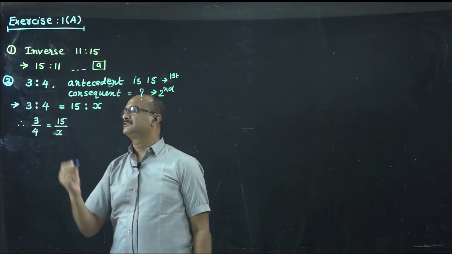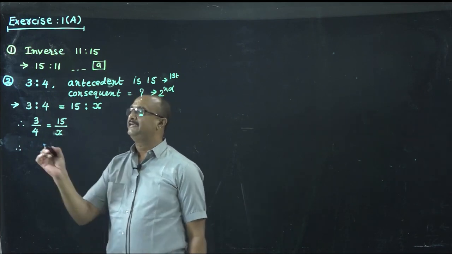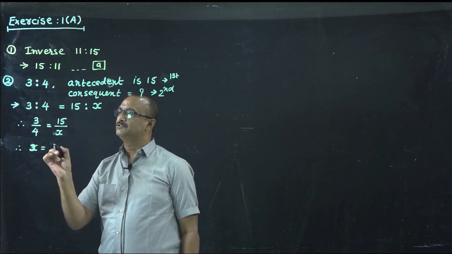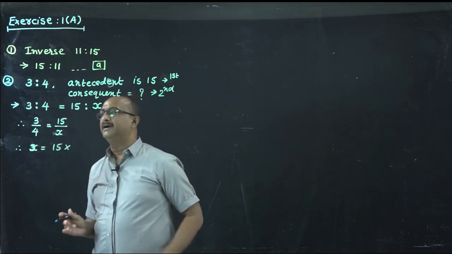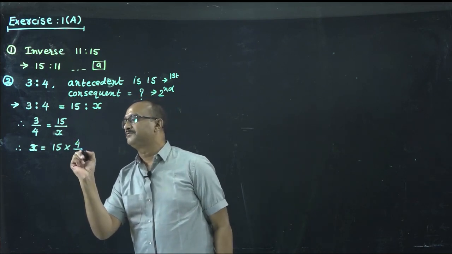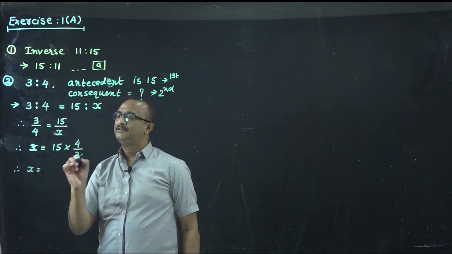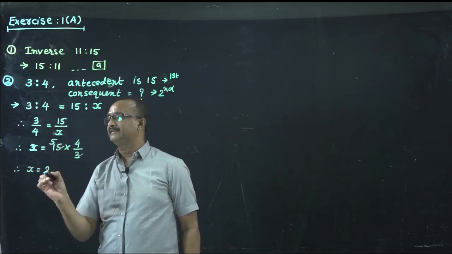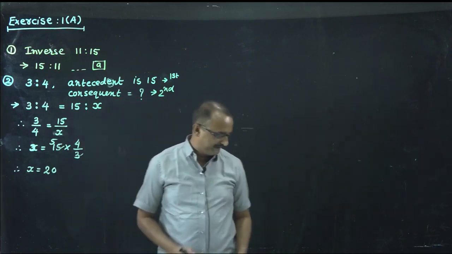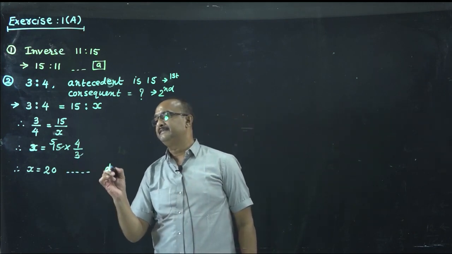Now moving x to the left hand side, we get x is equal to 15 multiplied by, moving this fraction to the right hand side, it becomes 4/3. Therefore x is equal to what? 5 3s are 15 and x is equal to 20. So our consequent is 20 and our option D is correct.